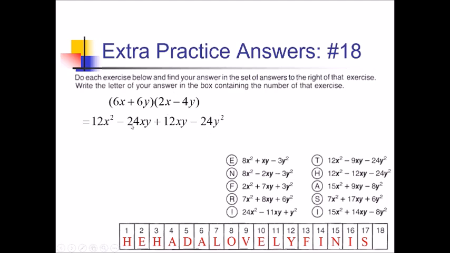Negative 24xy plus 12xy, that's going to give us a negative 12xy in the middle. So we have 12x squared minus 12xy minus 24y squared. Lots of x's and y's, but there's no more like terms to combine. And if we look in our answer choices, we see all that stuff over in choice H here. So we've got H there for spot 18.